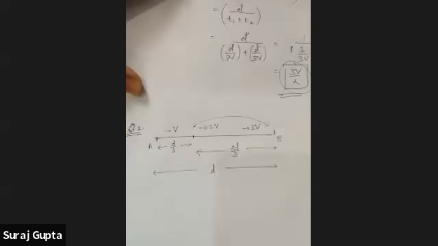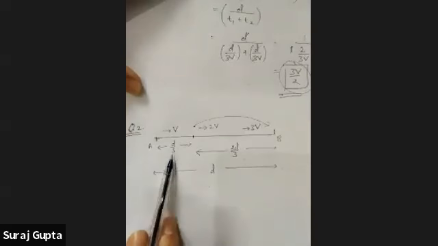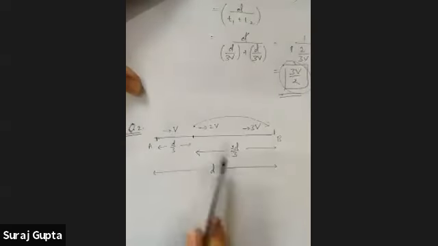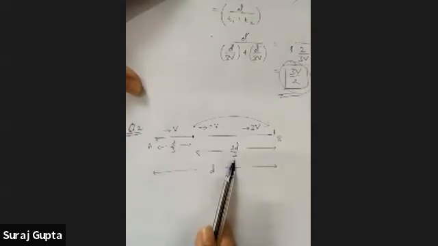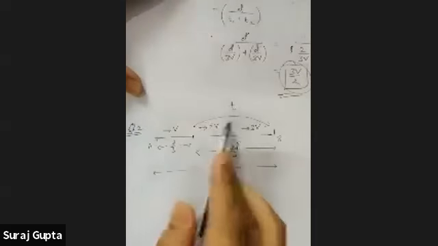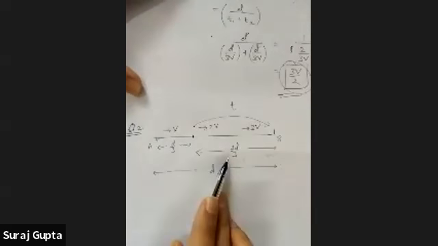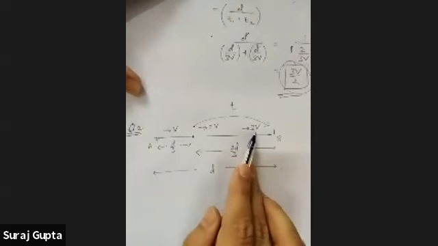So the question is, the particle starts from point A and reaches point B. We assume the total distance between them is d. Initial 1/3 of the distance the particle travels with speed v, and for the remaining 2/3 of the distance, let's say the particle takes time t. Half of the time it travels with 2v, the remaining half with 3v.